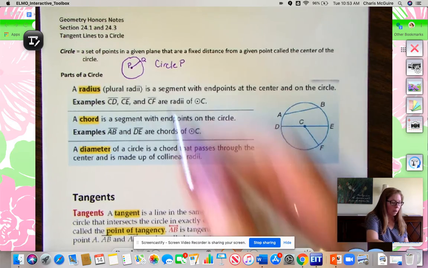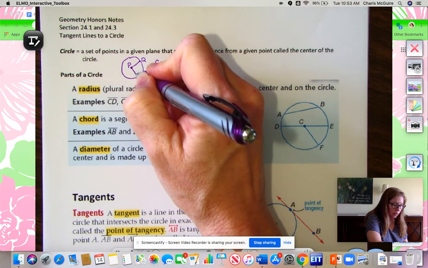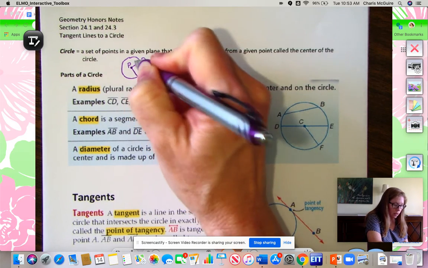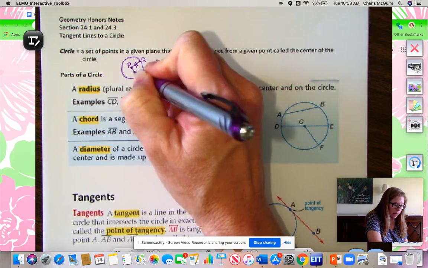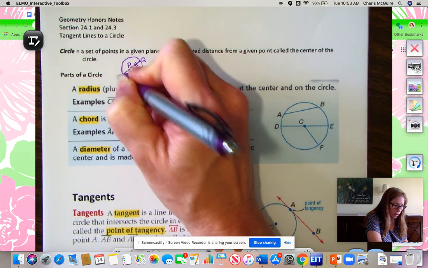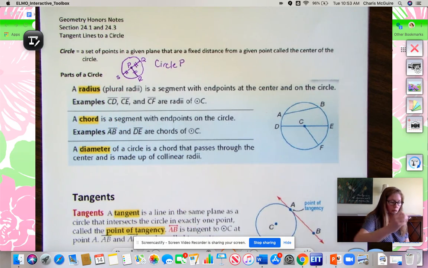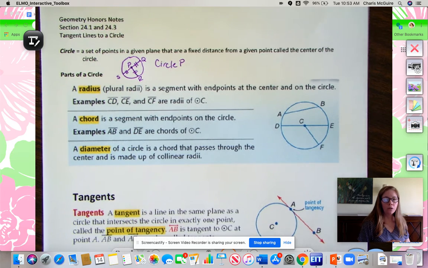All of the radii are the same exact length around our circle. But Q, R, and S are just three of the points on the circle. Point P is not actually considered on the circle. It's just the center, and that helps us establish our circle points.